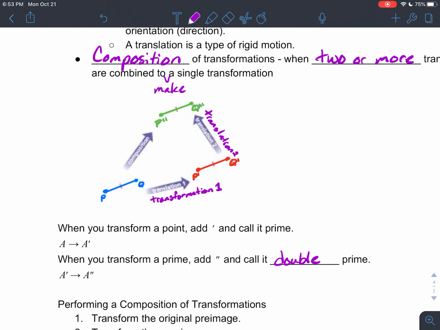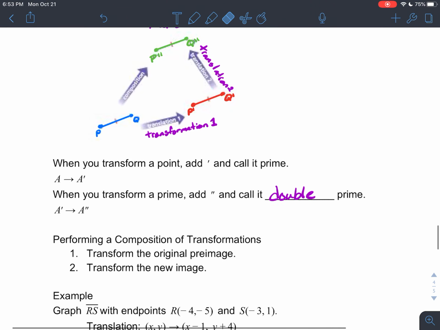I don't know if you'll ever really go beyond double prime in here. You might occasionally see a triple prime where it's just like A prime, prime, prime. But that's going to be pretty rare at our level. But you will see A and A prime, A double prime quite frequently.